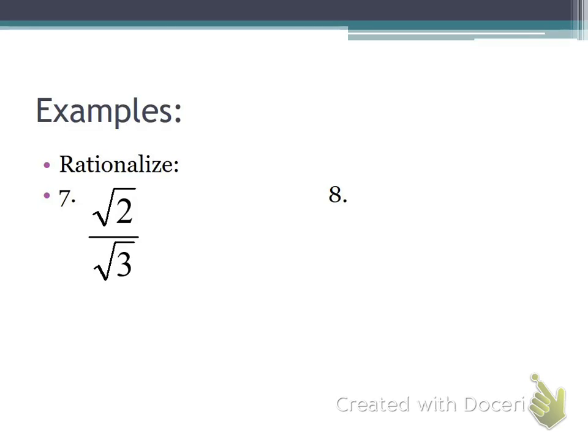On number 7, my favorite ones to rationalize are square roots because it's honestly the easiest one to rationalize. We have to multiply the top and the bottom by the same thing. That's important to remember. Top and bottom have to get multiplied by the same thing. And we want to multiply by whatever is going to make the denominator into a perfect root.